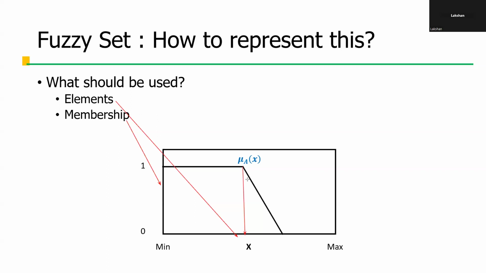Then we have a linear decline to another value. So this is how we represent the membership and the elements in a fuzzy set. Let's look at a few examples in the next slide.